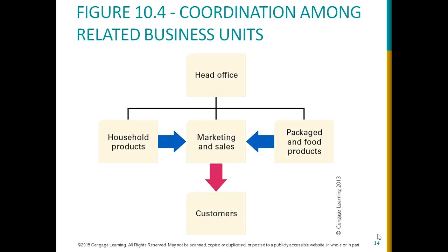This is another one which talks about how a head office holds its way to the different bureaucrats and other important people in a company, and this is with another strategy that talks about how the importance is done in household products, marketing, sales, package of good products, and then how they are shared to the customers.